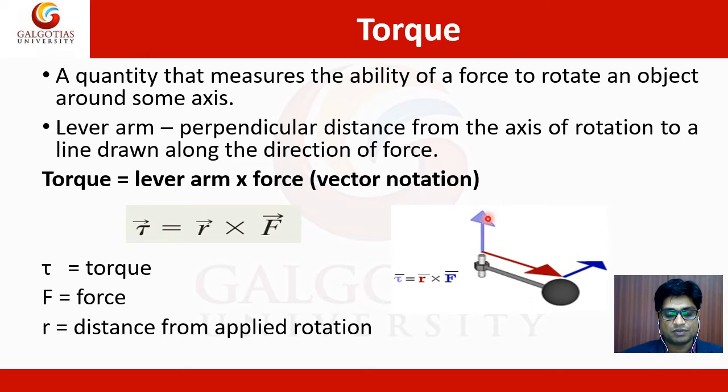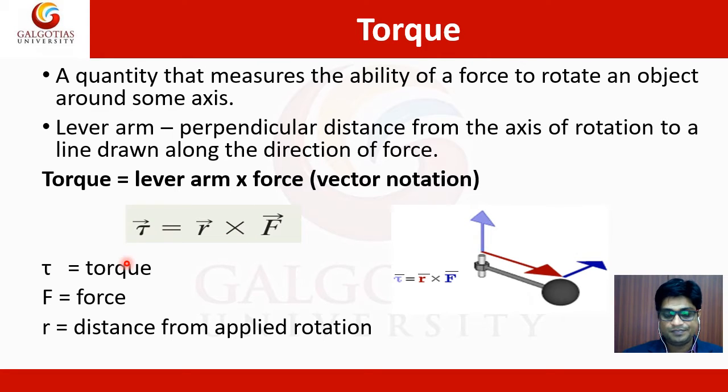As we saw in the example, we applied the force here, and this is the perpendicular distance. So torque is the vector r cross F, this perpendicular distance cross multiplied with the applied force. Mathematically, torque tau is defined as tau equals r cross F.